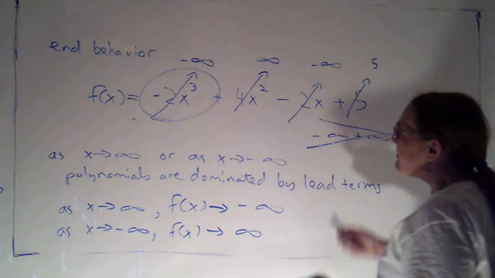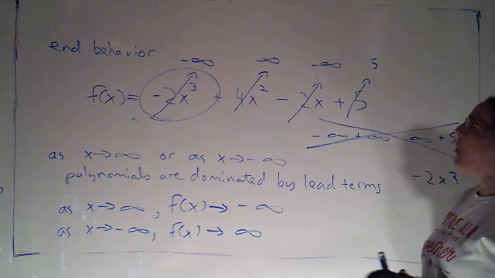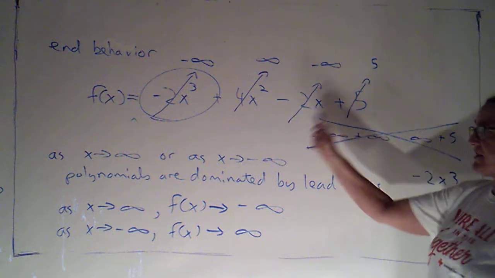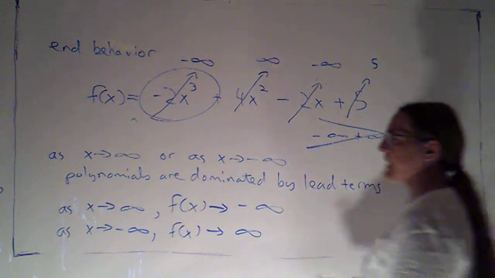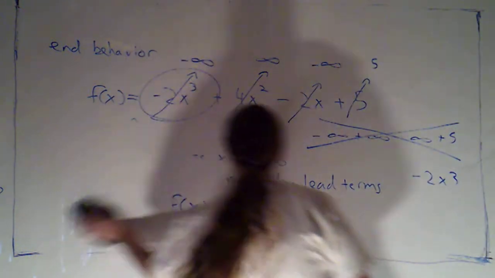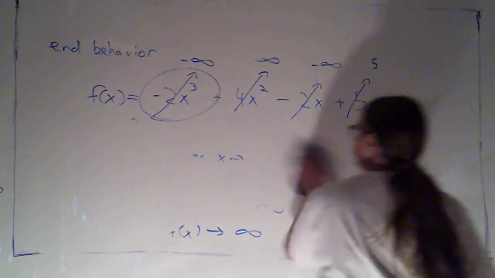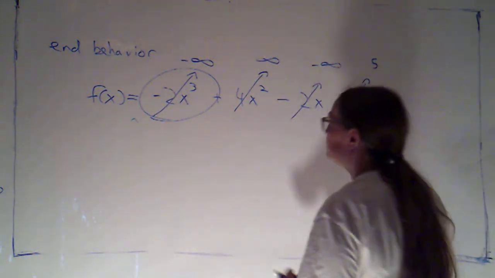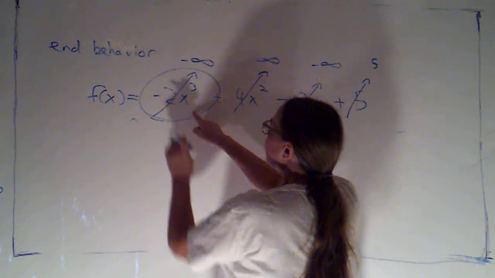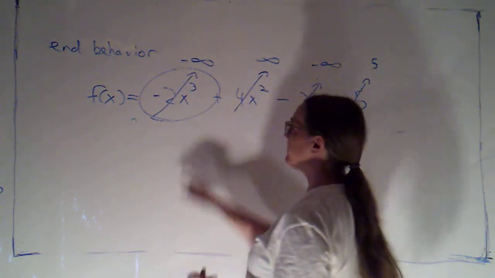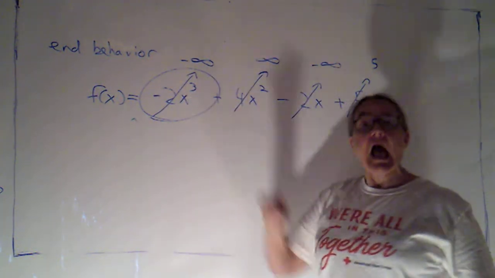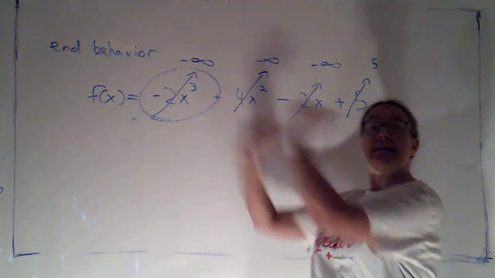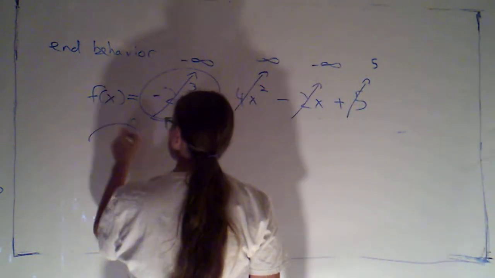All right, I'm going to just sort of illustrate why this happens with this particular function, looking at what happens as x goes off to infinity. It's like we're having a tug of war, and this piece says, I think we should go to negative infinity.